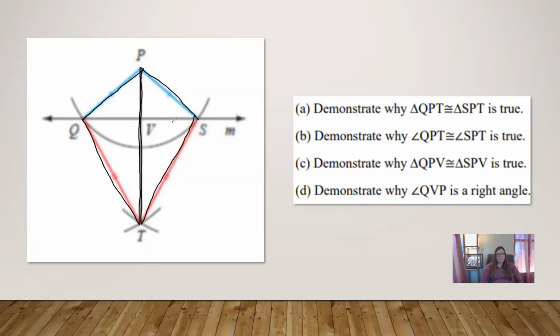So they look the same, but let's make sure. So SP and QP are both the same size. QT and ST are the same size.